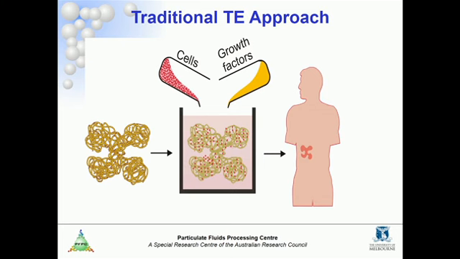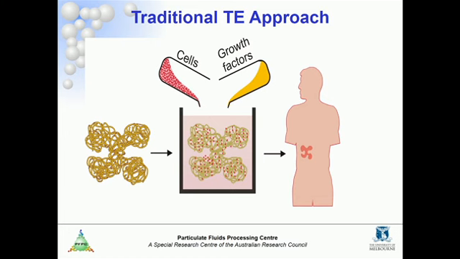This has been tried a number of times. Generally it doesn't work. So there's lots of reasons why this can fail. It's difficult to get your cells to do exactly what you want. It's difficult to get the material to behave exactly the way you want, and things are somewhat unpredictable. So this seemed like a great idea, but it's overly simplistic.